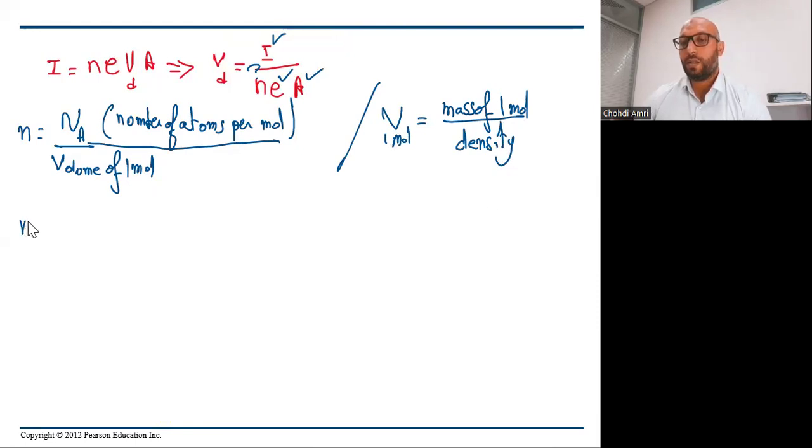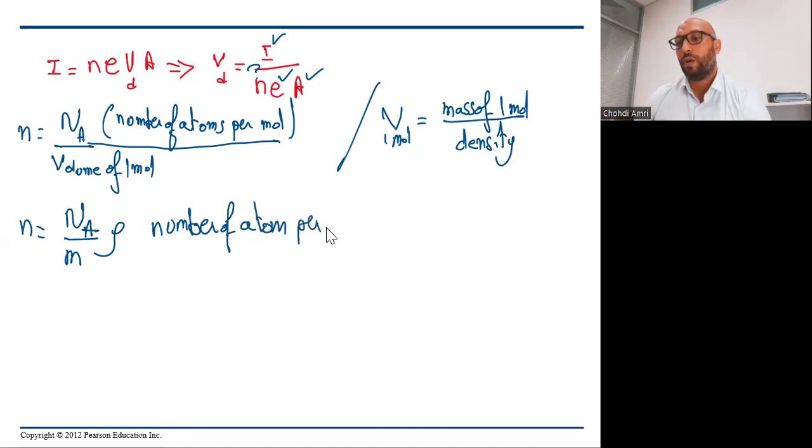So we can say that the number of atoms per unit volume is equal to the Avogadro number divided by the molar mass M, multiplied by the density rho. This is the number of atoms per unit volume.